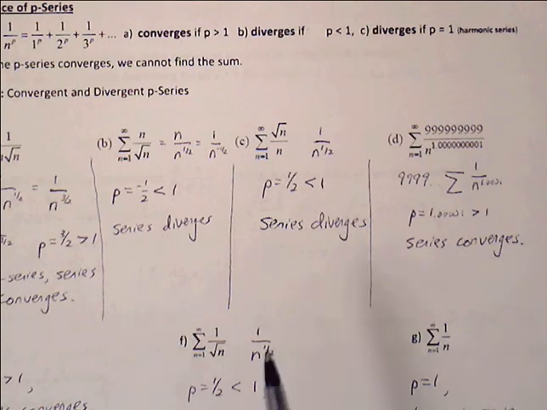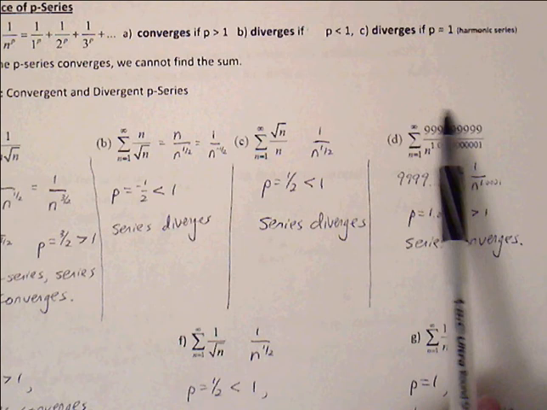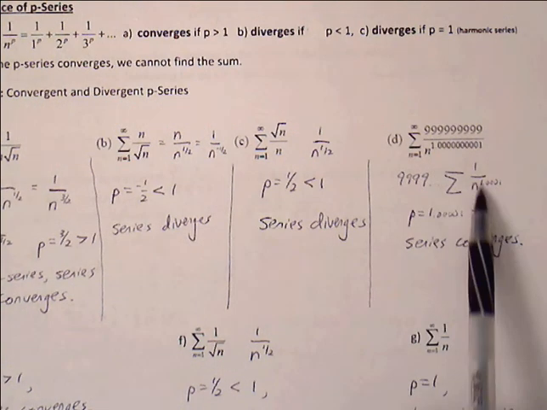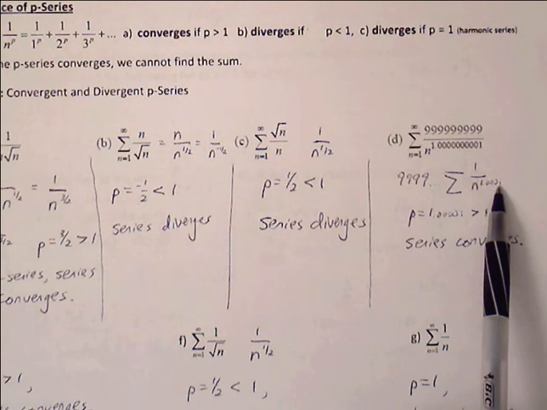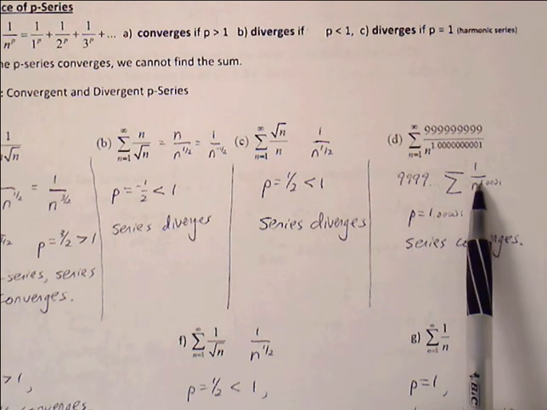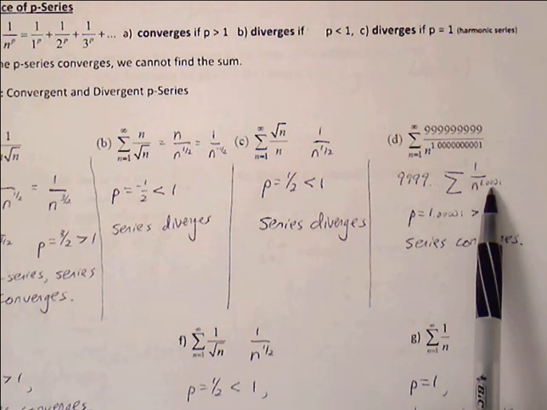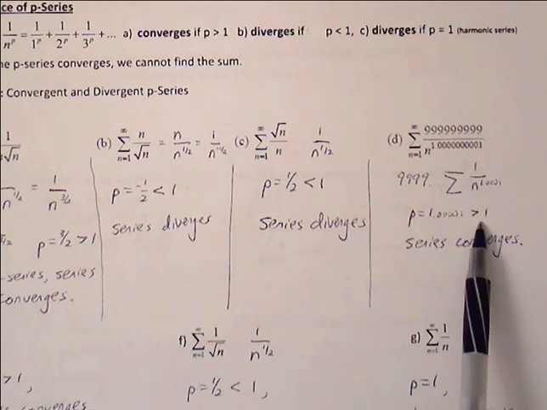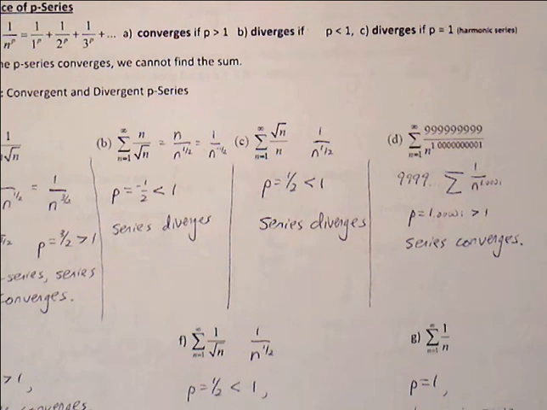All right, this next one looks complex, but the value in the numerator we can pull out as a coefficient, and the denominator is 1 over n to the 1.0001. This is a p-series, and the p-value is greater than 1, so our sum will converge.